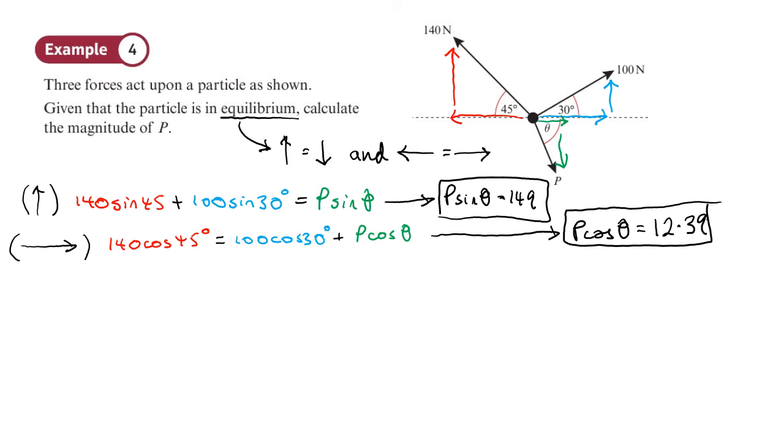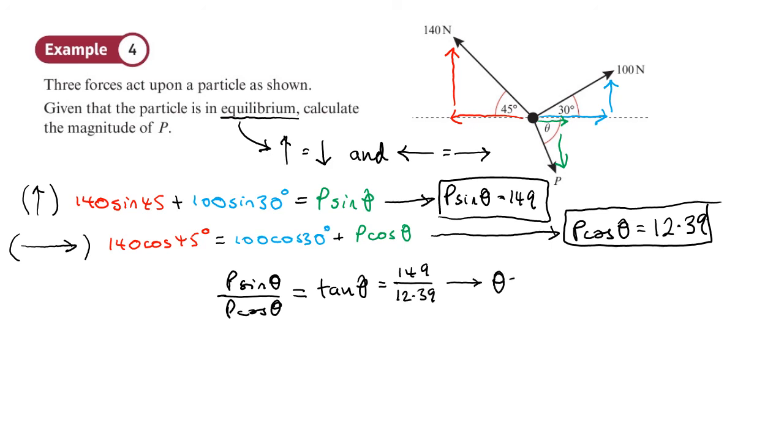Now, if I do P sine theta over P cos theta, the P's will cancel out. I'll have sine over cos, which is just tan theta. And tan theta is equal to, well, that was 149 over 12.39.